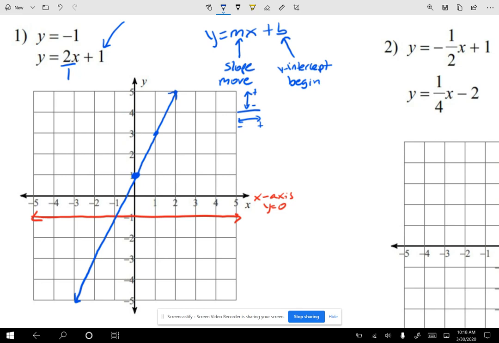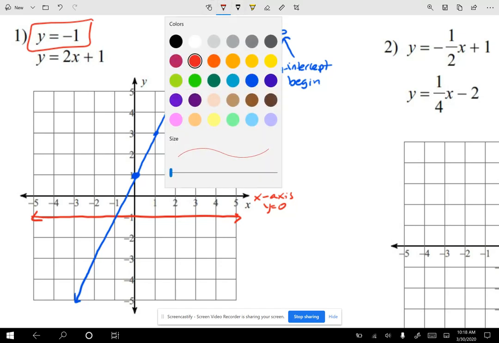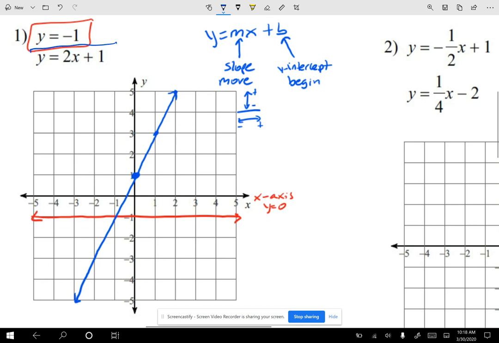Now, every point on the red line makes the first statement true. Any point on the first line, on the red line, makes the first statement true. Any point on the blue line makes the second statement true.